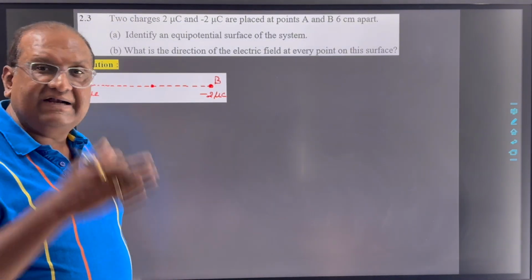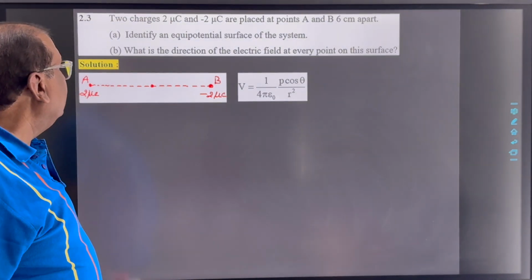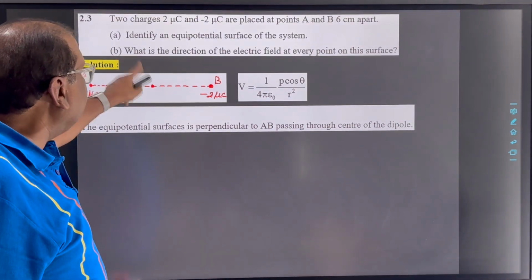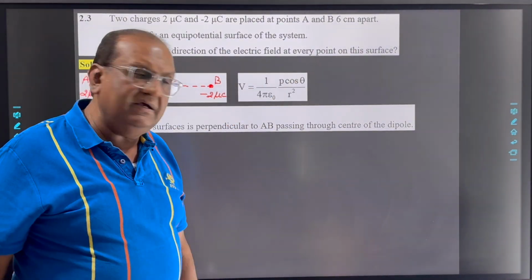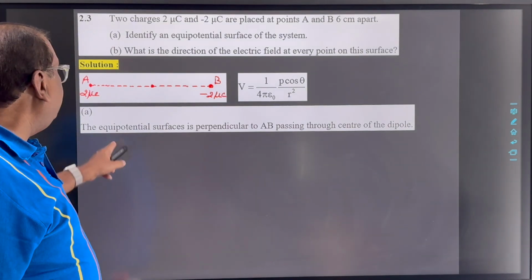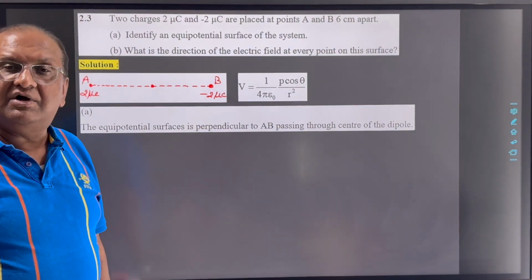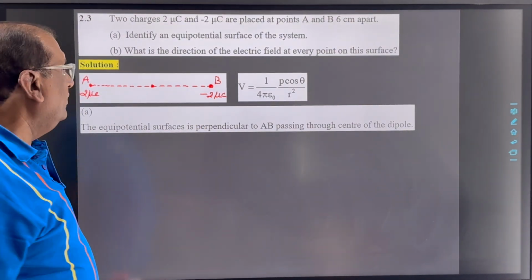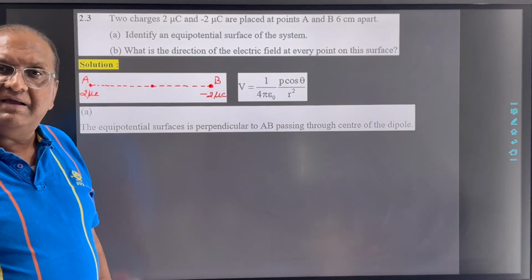So we can say that is the equipotential surface, because at each and every point theta will be pi by 2. So here the equipotential surface is perpendicular to AB passing through the center of the dipole.